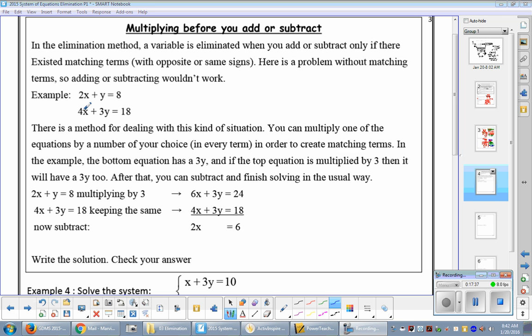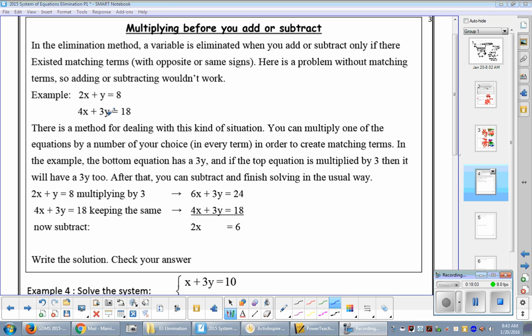What we can do here is to introduce a number. In this case, we are going to multiply one of the equations so that we will produce either opposite terms or like terms. If you look at my first equation, I have 2x plus y equals 8, and I have 4x plus 3y equals 18.